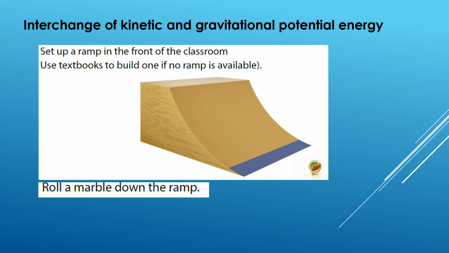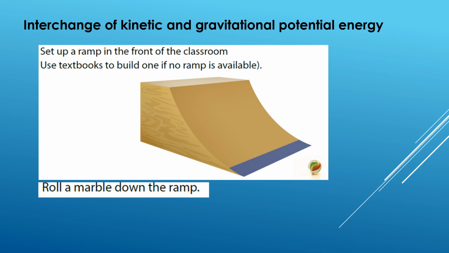Since it is at the top of the ramp and certainly above the ground, it has gravitational potential energy. When it is released from the top of the ramp, it starts rolling down. When it reaches the bottom, it moves away at a high speed.